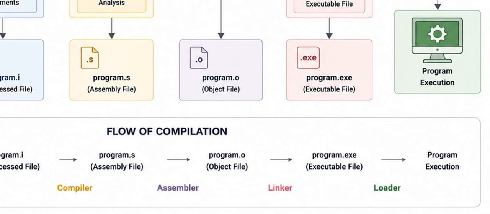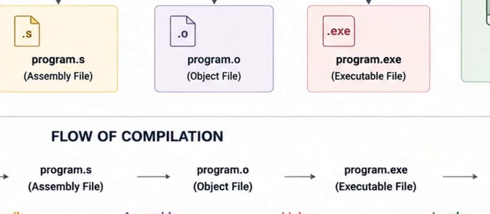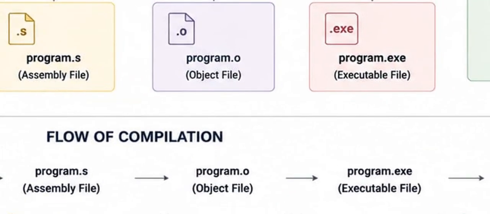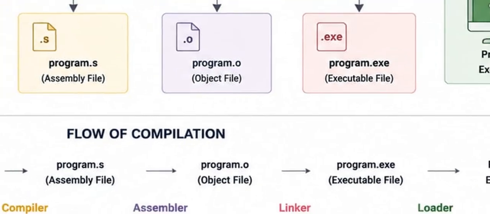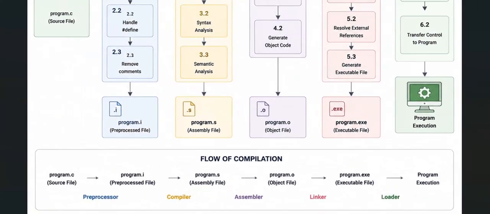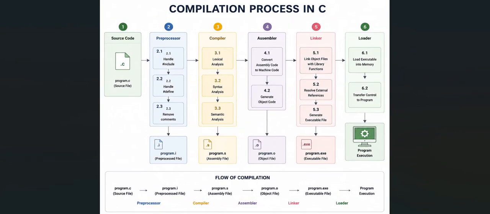Next, we move to the linker. After linking everything that has to be linked, the .exe extension file is created in Windows, whereas in Linux, a .out extension file is created. Next, the program is run and displayed on the monitor. This is all about the process of compilation.